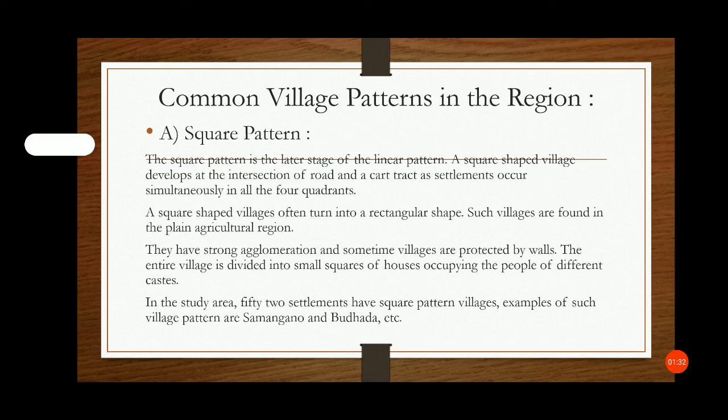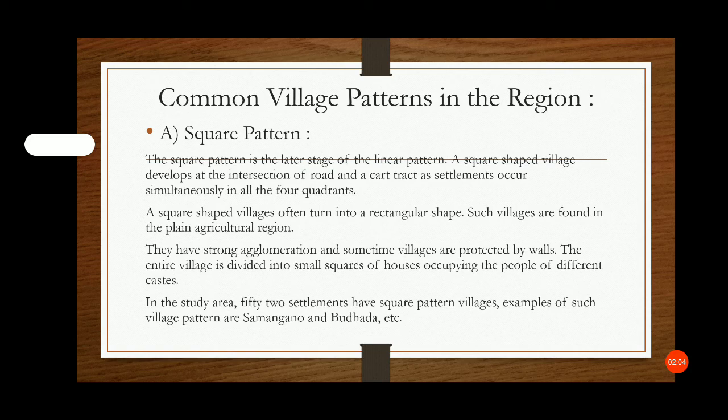A square-shaped village often turns into a rectangular shape. Such villages are found in plain agricultural regions. They have strong agglomeration and sometimes villages are protected by walls. The entire village is divided into small squares of houses occupied by people of different castes.